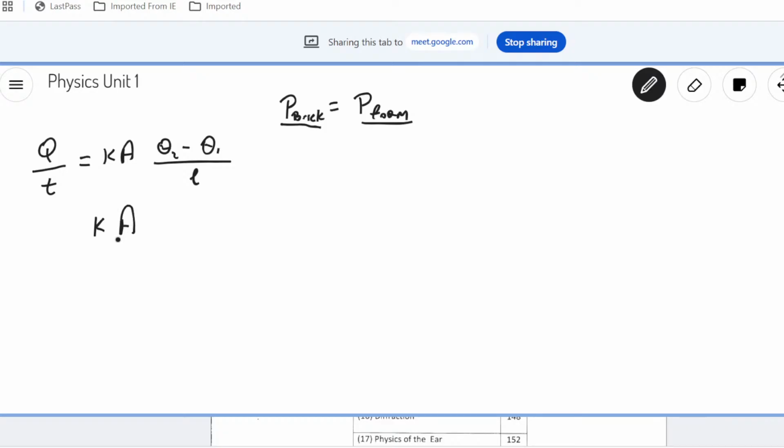So you'd have, let me just use B for brick, that should be equal to that of the foam, theta 2 minus theta 1. Alright, so let's look at the question.